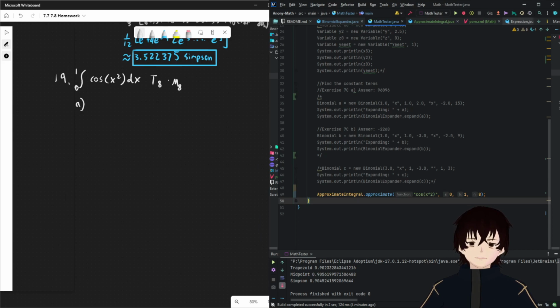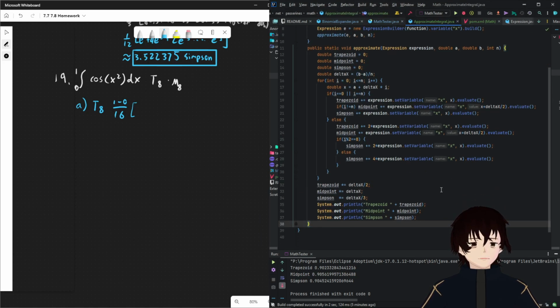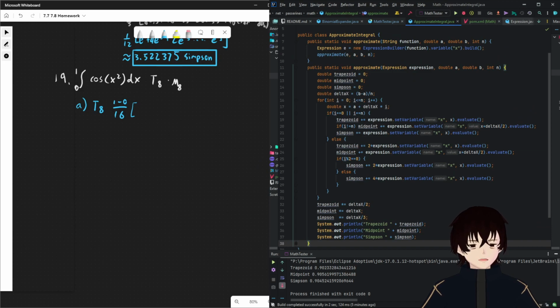Anyways, I'm gonna try to make this quick. A trapezoid of 8 is equal to 1 minus 0 divided by 8 times... Wait, no. Divided by 16. That's trapezoid times e to the power of... No, let me see. I think I'm okay.